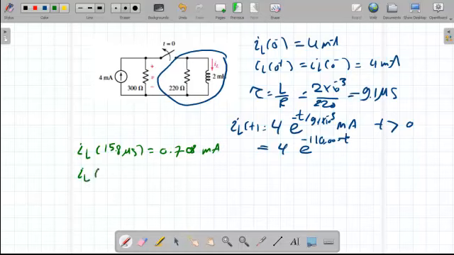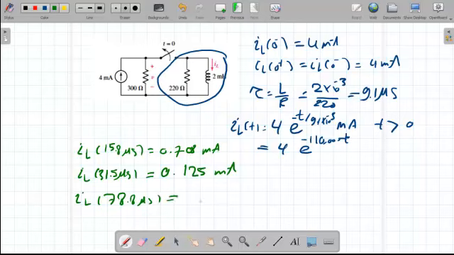IL at 31.5 microsecond will equal 0.125. Please always check these numbers. IL at 78.8 microsecond will equal 6.8 times 10 to the minus 4 milliamp.